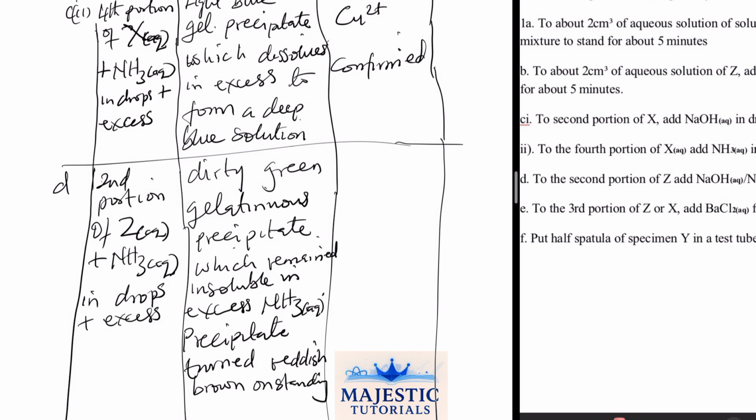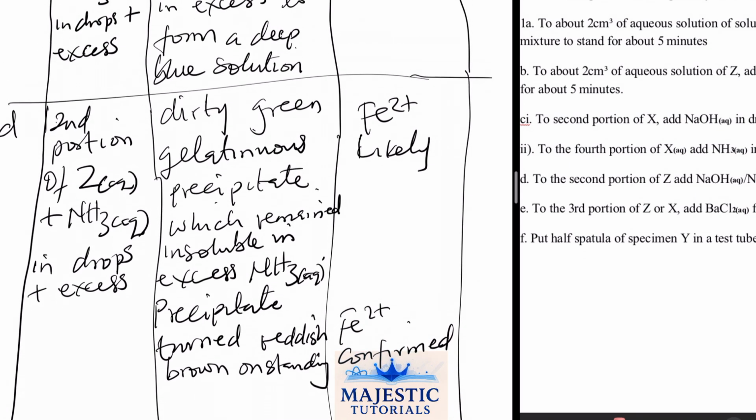On standing, immediately here you say iron 2 ion likely, and over here if it turns reddish brown on standing, you now write iron 2 ion confirmed, because that's the only ion that will give us a dirty green precipitate that will later turn reddish brown. The chemistry here is that the iron 2 ion is oxidized to iron 3. Iron 2 ion is green in appearance, while iron 3 is brown or reddish brown, like rust.